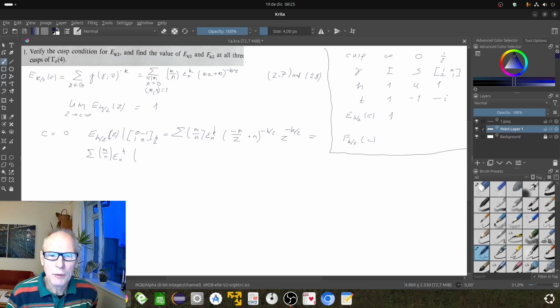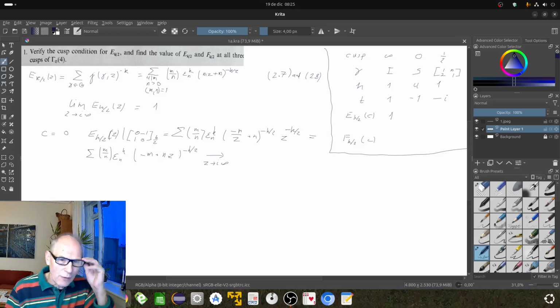So let's believe that we can just multiply it inside here. So it's minus m plus nz. And then we take the limit. And that means if n is distinct from naught, which it is because it's positive, then it tends to naught.